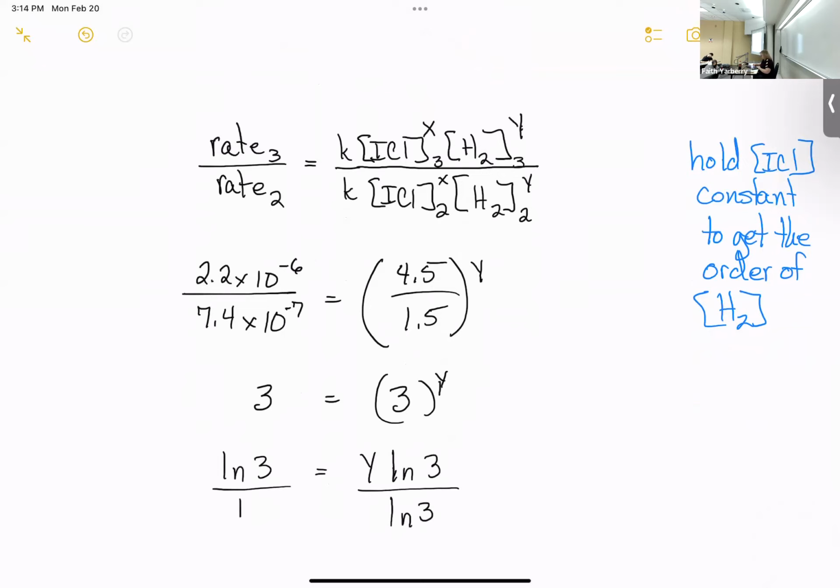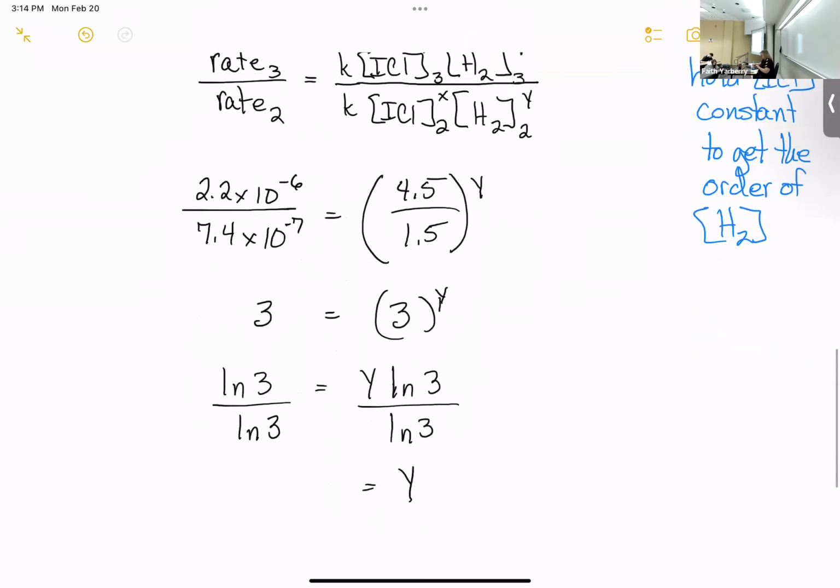And when we do so, it comes out with Y equals 1. And yes, if you're confident in your math, you can skip some steps here. That's showing all the steps.